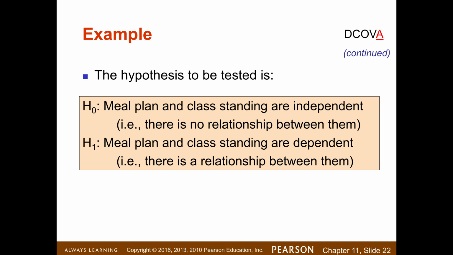So the hypothesis to be tested is that meal plan and class standing are independent. Someone may have a motivation to study this by thinking that freshmen are maybe more likely to buy a meal plan because as you get to sophomore, junior, senior, many of the juniors and seniors especially move off campus and get an apartment.